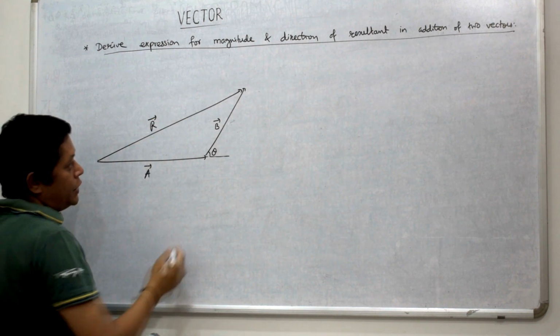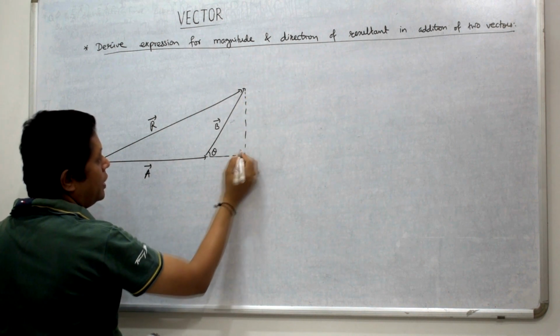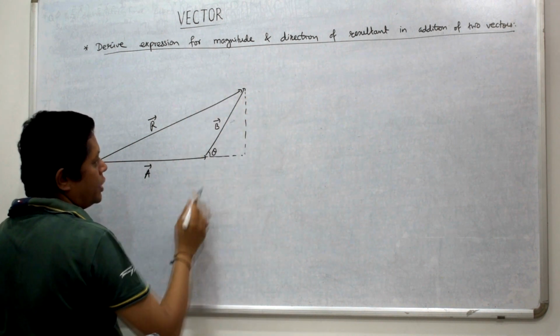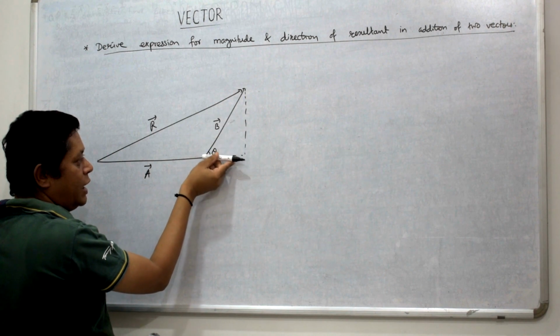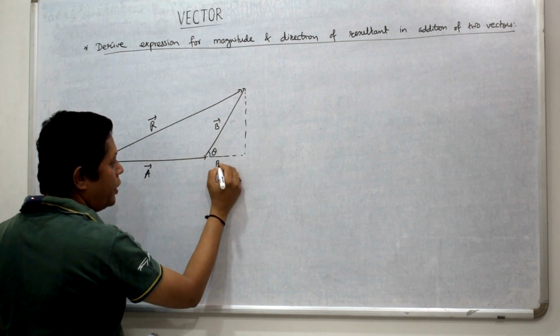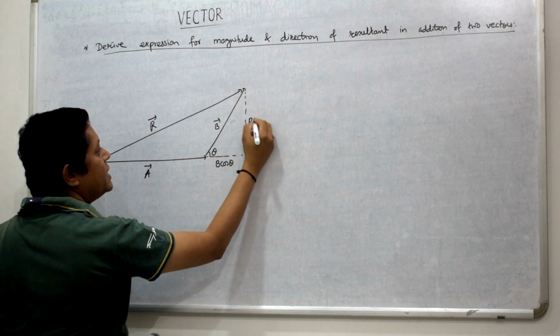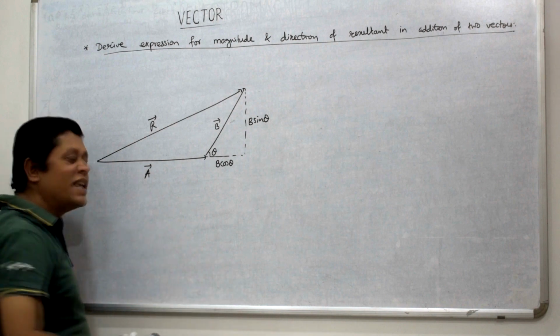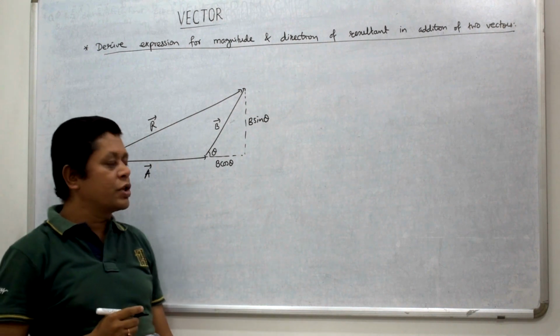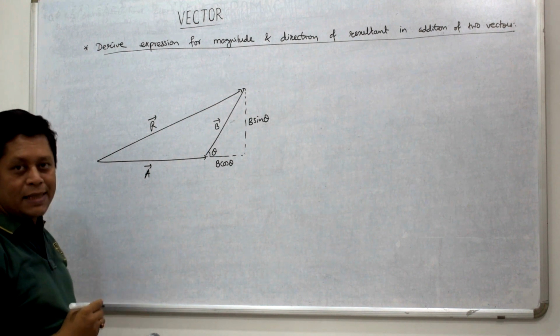let us first take the components of vector B in the horizontal and vertical directions. If vector B is inclined with the x-axis by angle theta, then this component will be B cos theta. The opposite will be B sin theta. This is also called the resolution of a vector into its components. Cartesian coordinates, B cos theta, B sin theta.